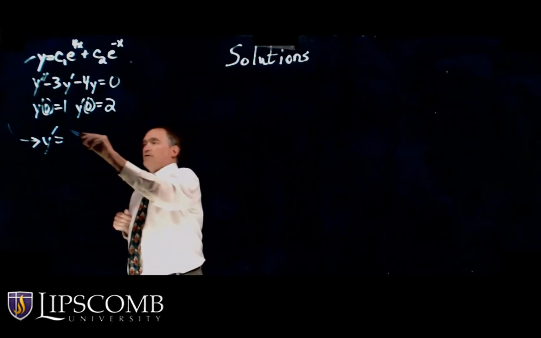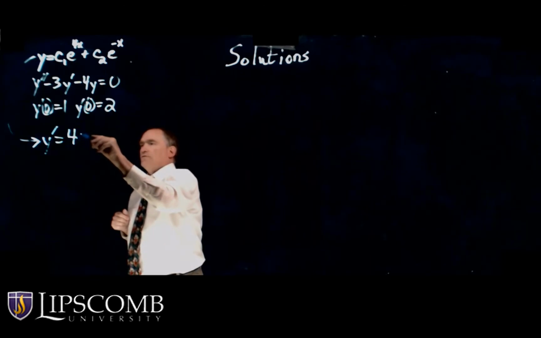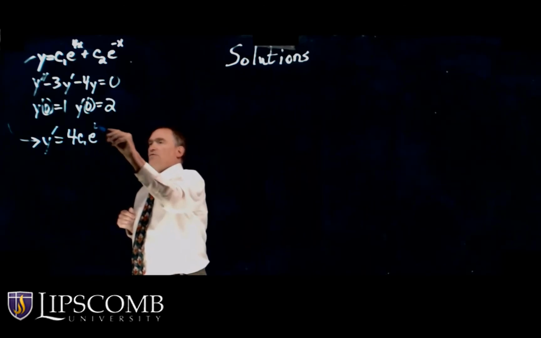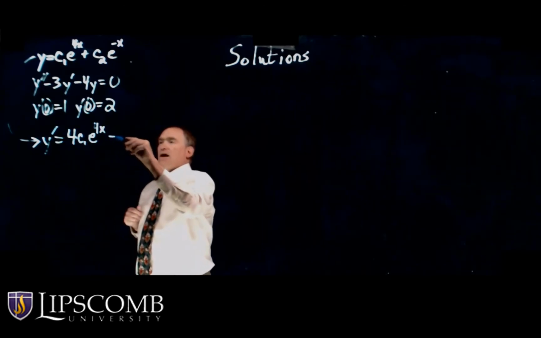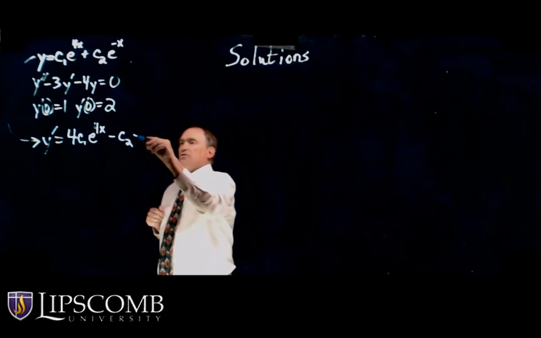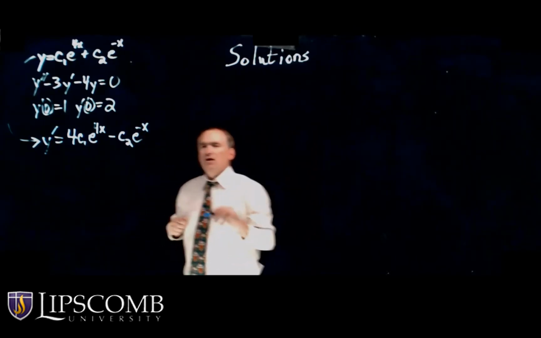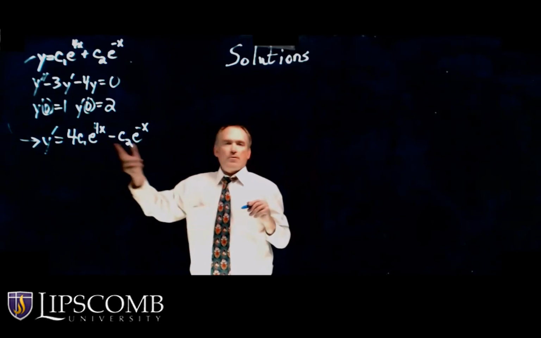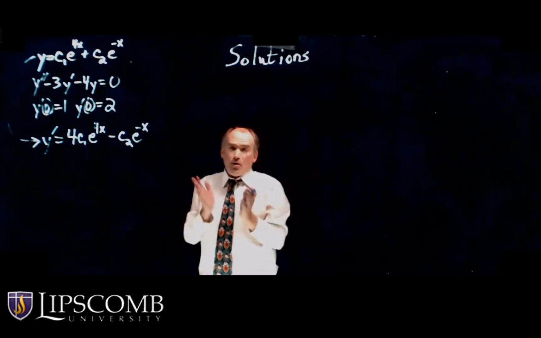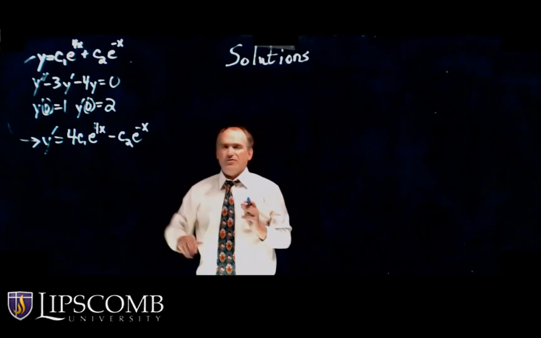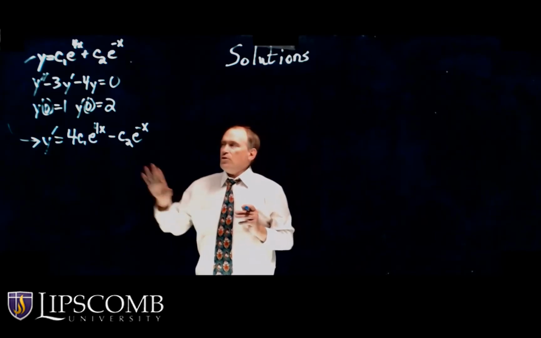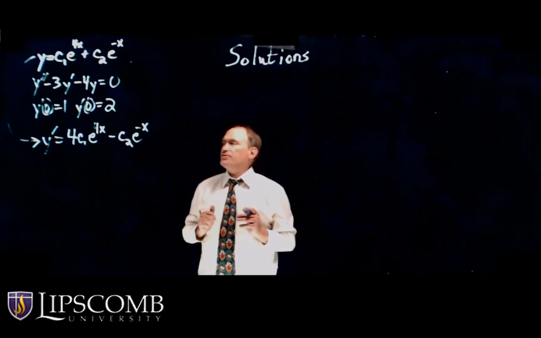That would be 4 C1 e to the 4x minus C2 e to the negative x. Notice I did not incorporate the 4 into the C1, because my whole purpose is to solve for C1 and C2. So don't make new arbitrary constants here.